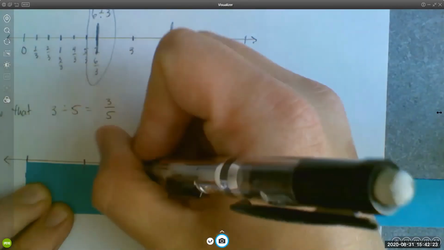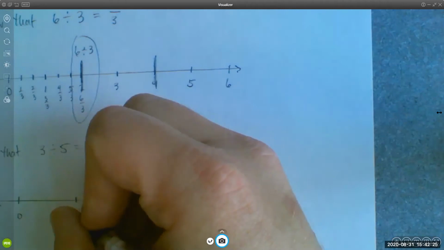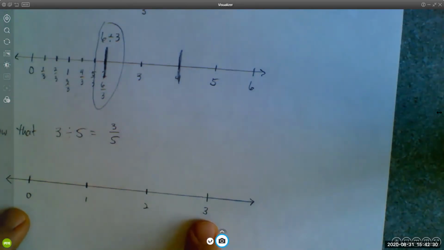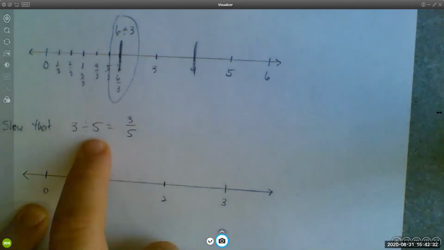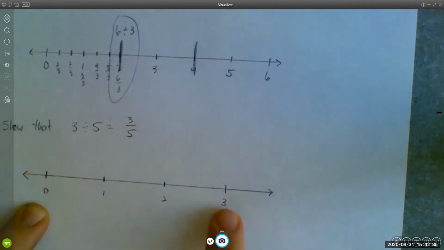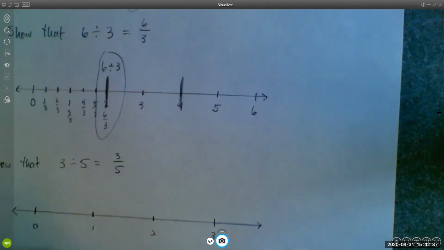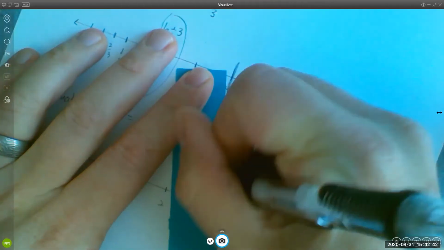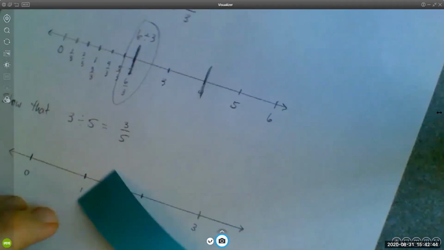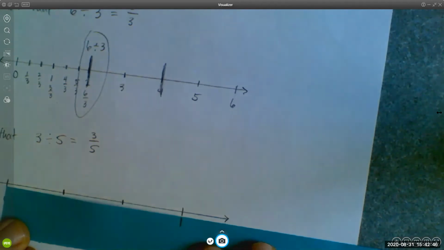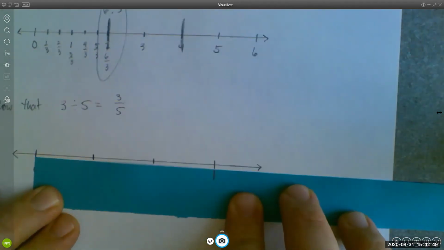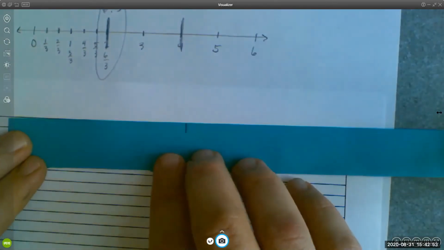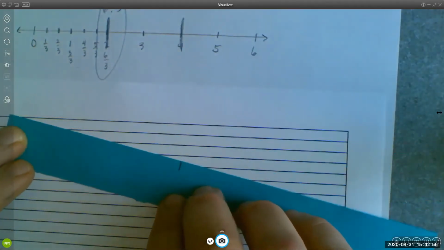There's 1, there's 2. Now I need to split this distance into 5 parts, right? So I'm going to take my fraction ruler, erase these 2 smaller marks. And now let's split this distance here into 5 equal parts. 1, 2, 3, 4, 5.